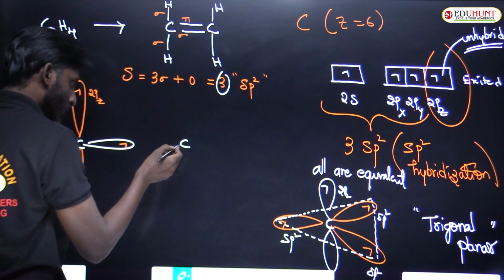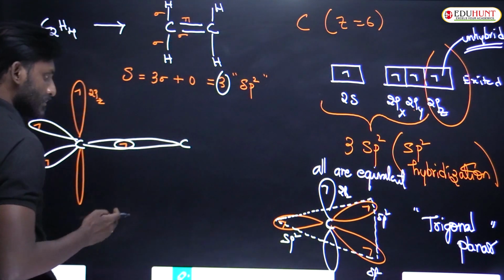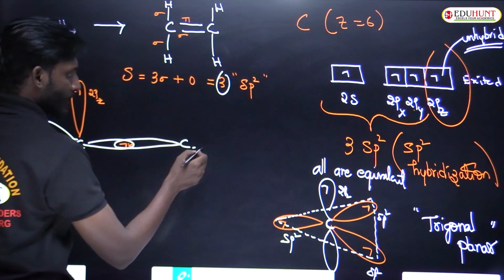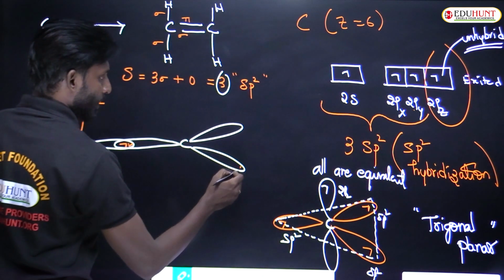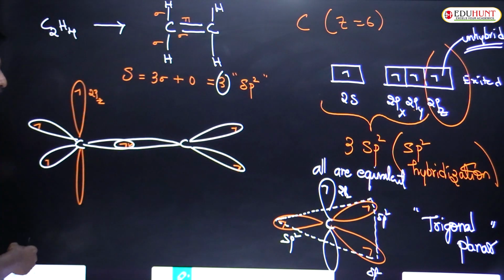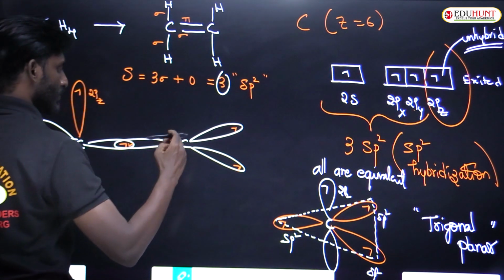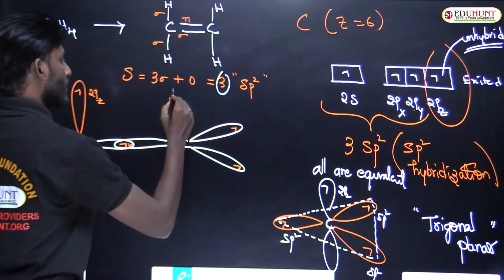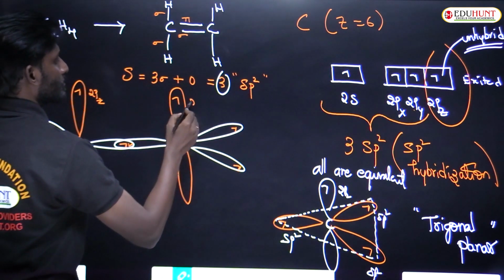So the sp2 of this carbon overlaps with the sp2 of this one. So both unpaired electrons now get shared. Now what is this bond? Let me complete this first. So this carbon is also having a 2pz with an unpaired electron.